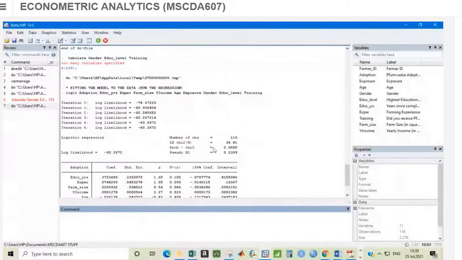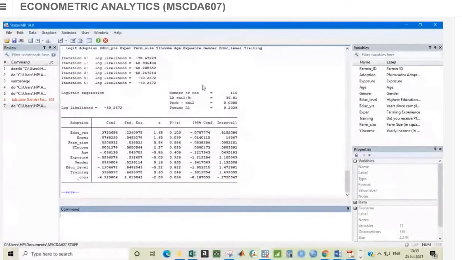So let me interpret this model so that we can call it a day for now. Are we together? So let's first check the overall performance of the model. It is checked using this part here.